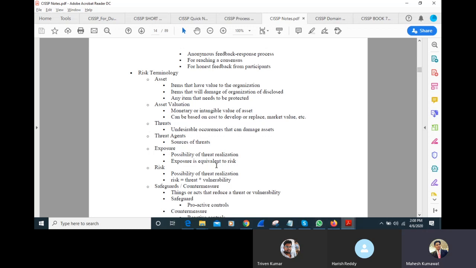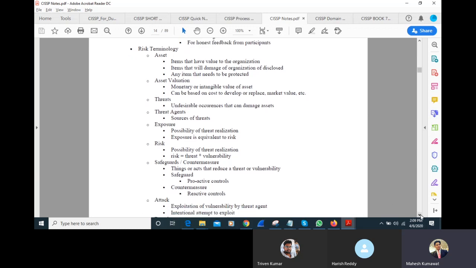We have threats, any occurrence that can damage assets, with threat agents and sources of threats. Exposure is the possibility of threat realization. Risk is the possibility of threat realization. Safeguards and countermeasures mean we have to go for proactive controls.